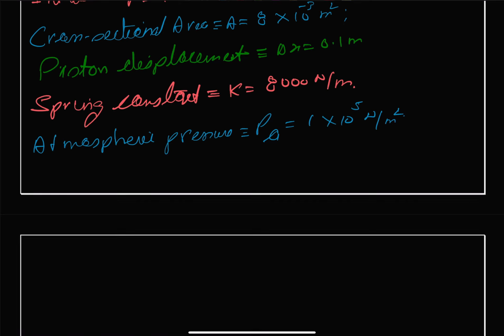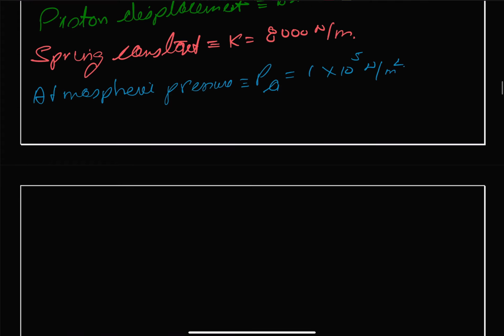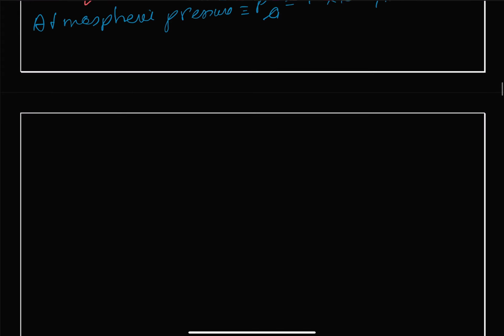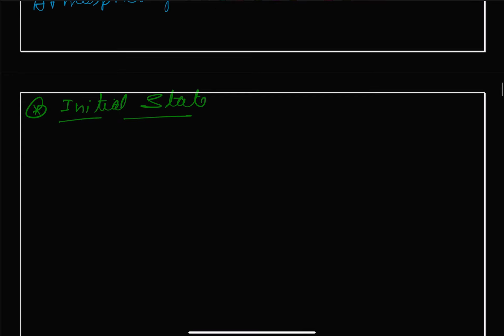As initially everything is in equilibrium, we can say that the initial gas pressure, that is P1, should be equal to the atmospheric pressure, that is PA. So in the initial state, we are given that the spring is relaxed.